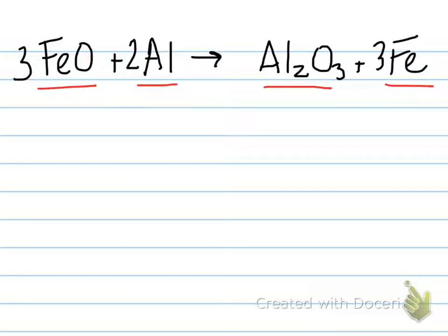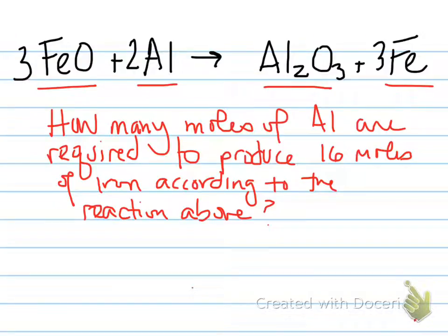So here's the question that I'm going to give you. How many moles of aluminum are required to produce 16 moles of iron according to the reaction above? What's the very first thing that we have to do? So we're going to solve all these stoichiometry problems using factor labels. And whenever you do a factor label, you start off with the first box containing your what?